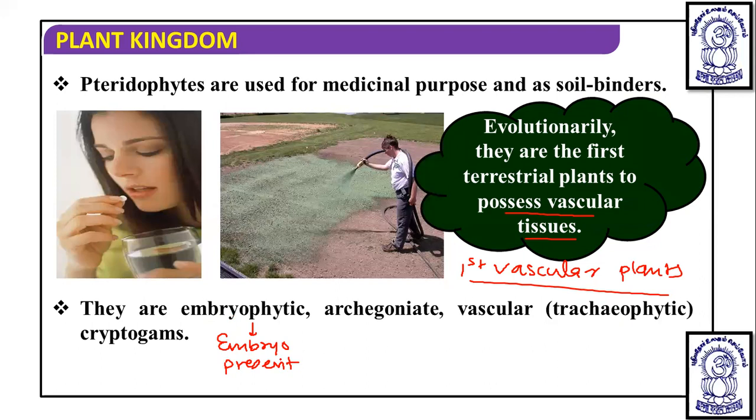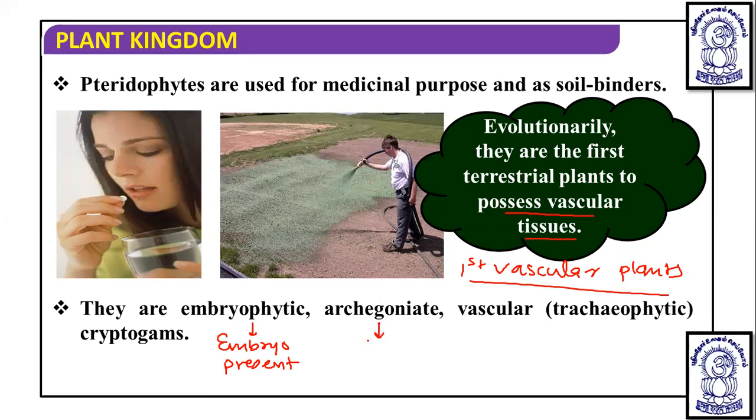Embryo formation was first initiated in the bryophytes. In the previous division which we discussed, bryophyta, embryo formation started. Before that, in algae, it was absent. So these are the second embryophytes, in which the embryo is formed after mitosis of the zygote.